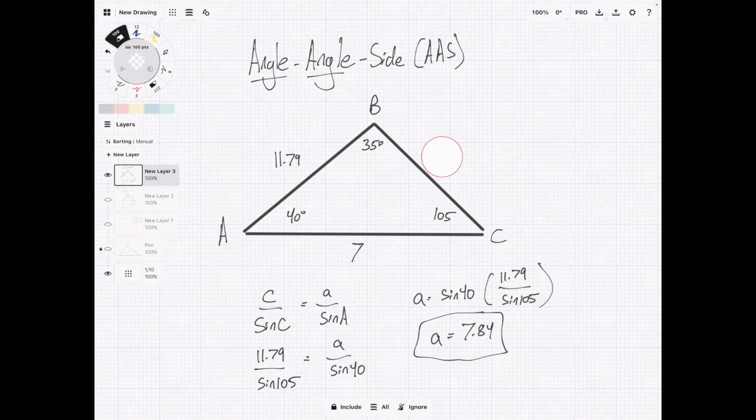And what we've done is solved for all of the angles and the side lengths of this triangle.